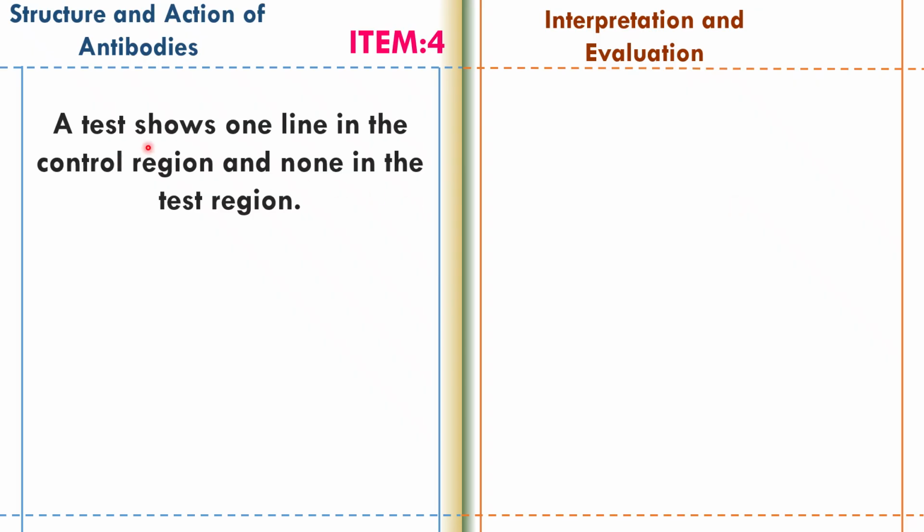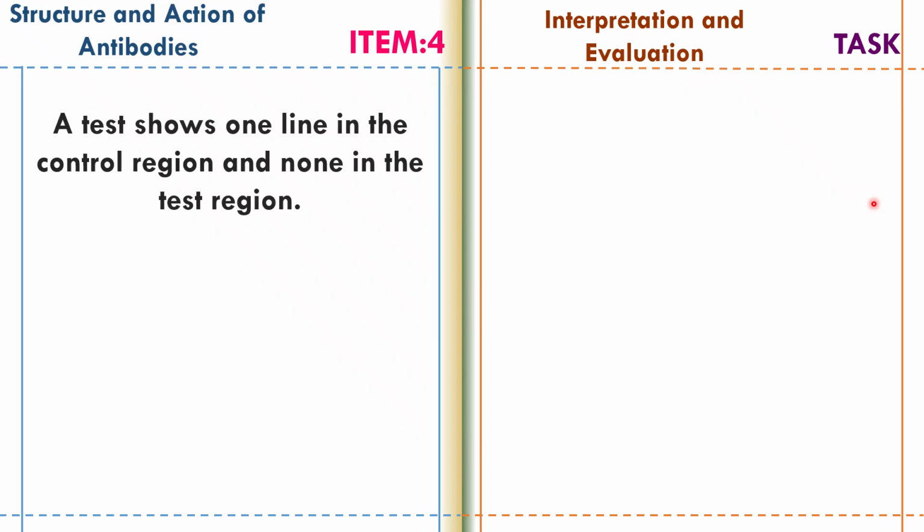Structure and action of antibodies. Item 4. Interpretation and evaluation. A test shows one line in the control region and none in the test region.